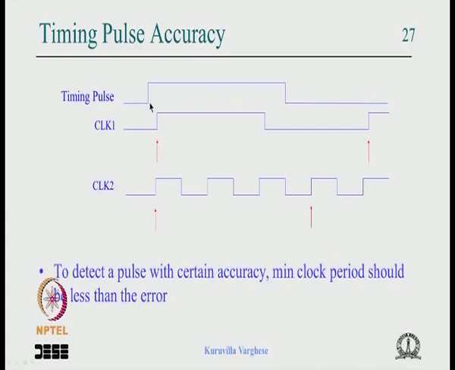you have a timing pulse, and you have to detect it with certain accuracy. So if you remember the case study we discussed just before this lecture with respect to the ADC controller, we wanted a controller which controls an ADC to give the start of conversion to the ADC and store the sample in a memory.